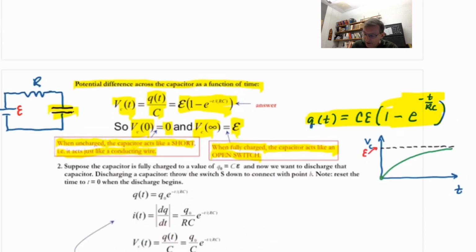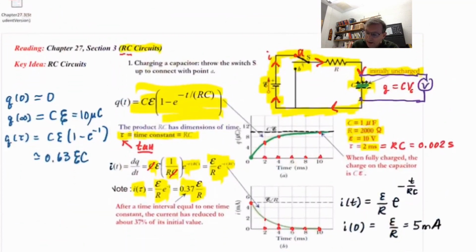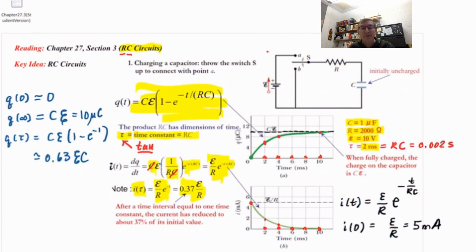I'll go back up to the circuit. Let me declutter it a little bit and explain how we do that. So after it's been charged up, we take the switch, which remember had been thrown up to point A, and we throw it down, as it were, to connect the switch to point B, like that.